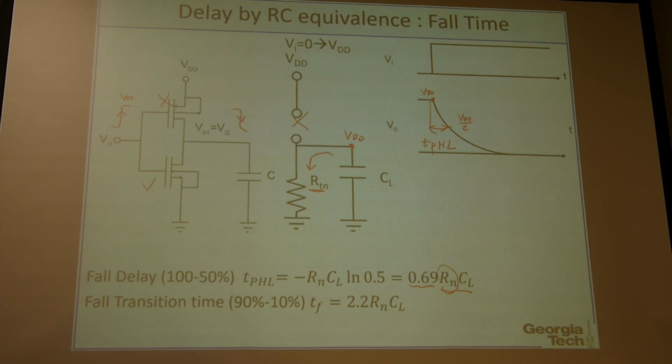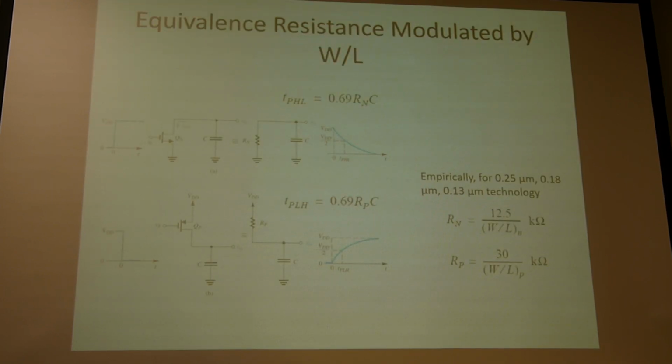And similarly, if you look at the falling edge transition from 90% to 10%, this delay will be the falling edge time, which will be 2.2 RC. So any questions? So this is just RC, so it's much simpler, but it's not as accurate as the first method.